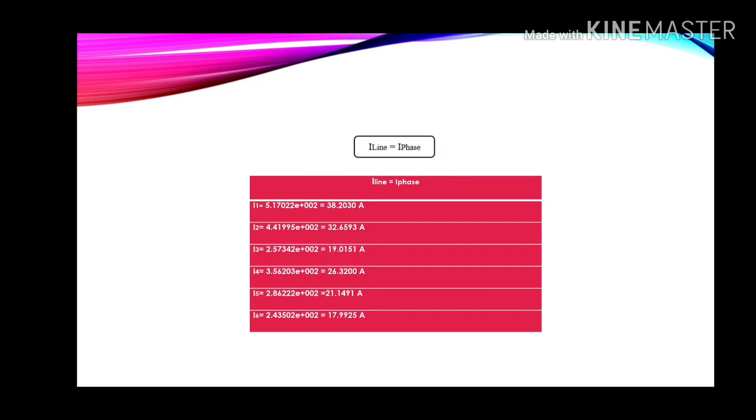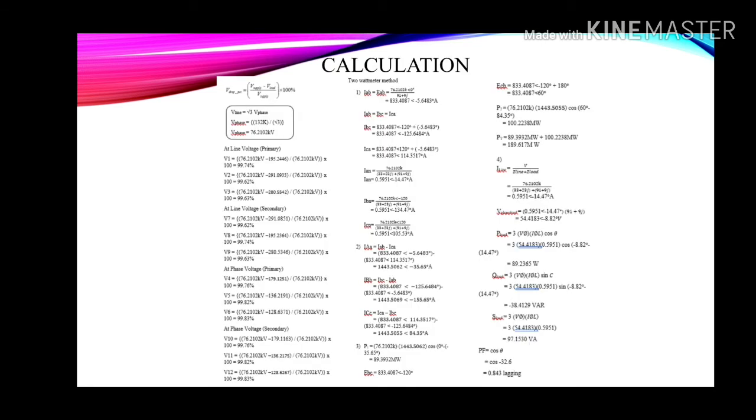For I line equal to I phase, I get the result from the simulation in the PSIM software for currents I1, I2, I3, I4, I5 and I6. We can say that I line equal to I phase. Okay, from the calculation, we must apply the formula, which is V drop equal to V supply minus V load over V supply multiplied by 100%.